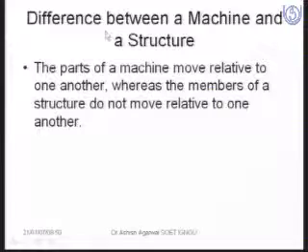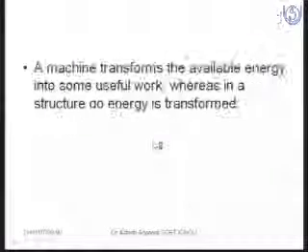Now we will see what is the difference between the machine and a structure. The parts of a machine move relative to one another, whereas the members of a structure do not move relative to one another. This is the basic difference between the machine and a structure.